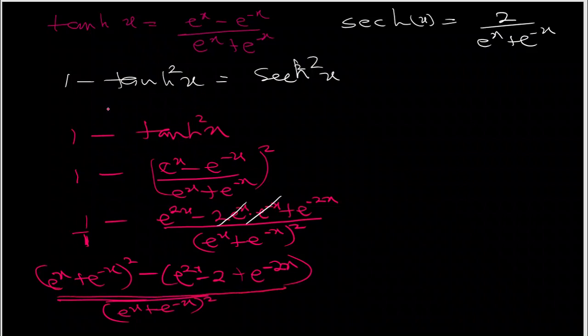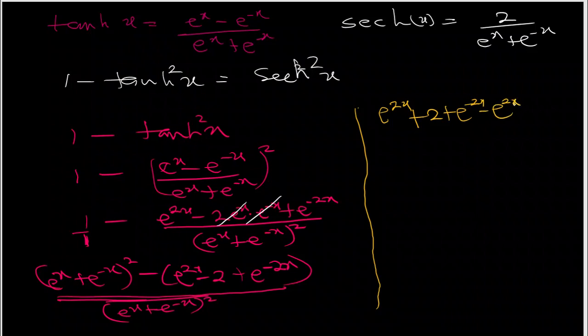Since we are familiar with the expansion, we'll expand the right hand side of the numerator. Let's do that here. This will be e power 2x plus 2, then plus e power minus 2x, then minus e power 2x minus 2.